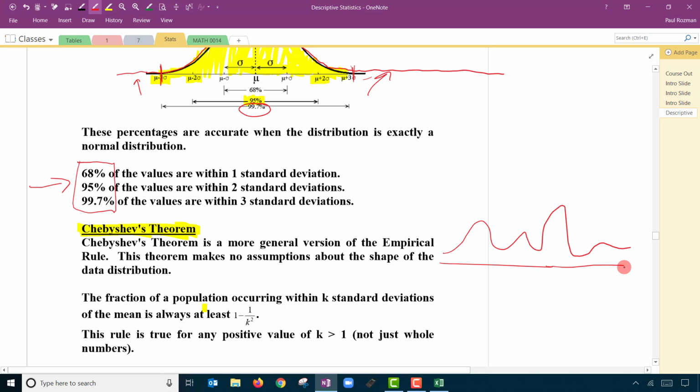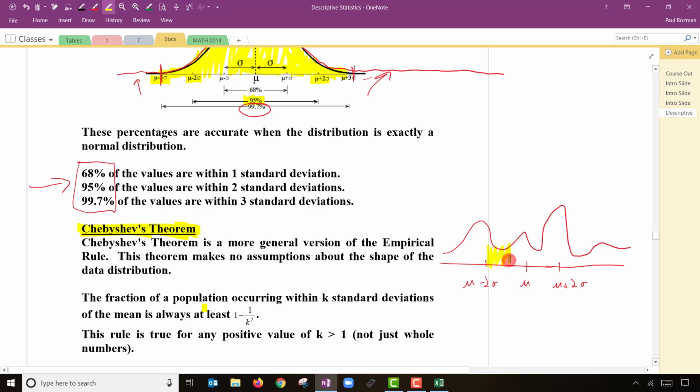So somewhere on this thing is the mean. And then Chebyshev wants to estimate the area underneath the curve within k standard deviations. So say I pick a spot here and here, the mean plus 2 standard deviations and the mean minus 2 standard deviations.